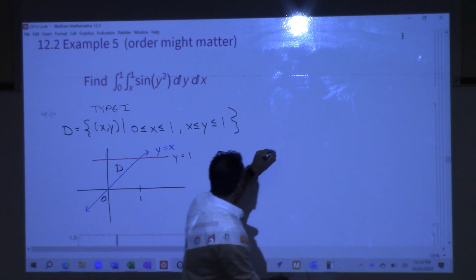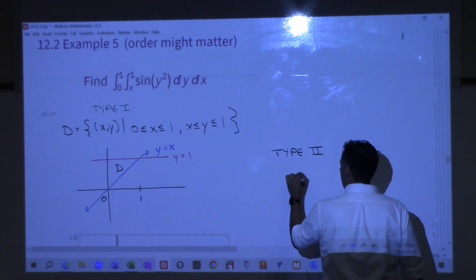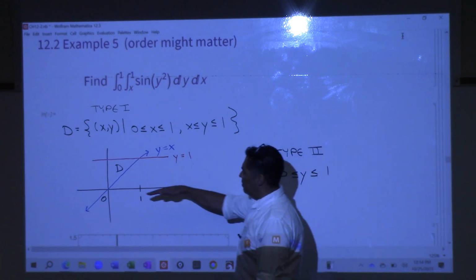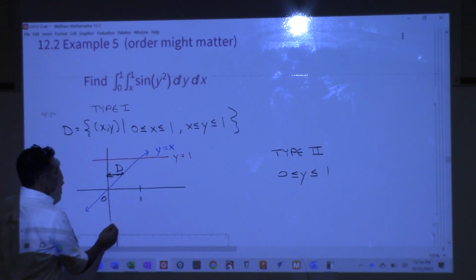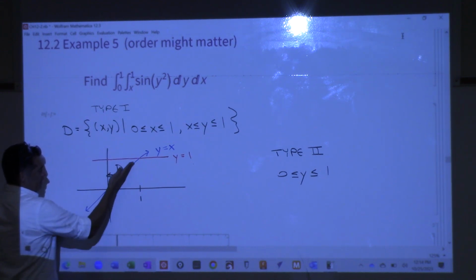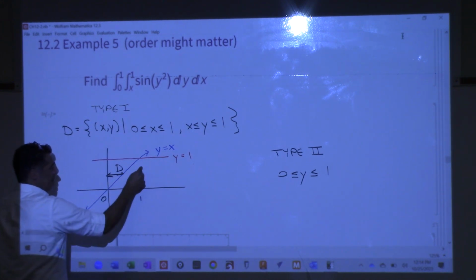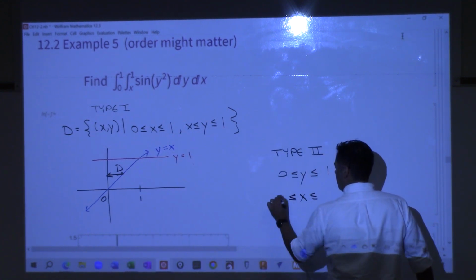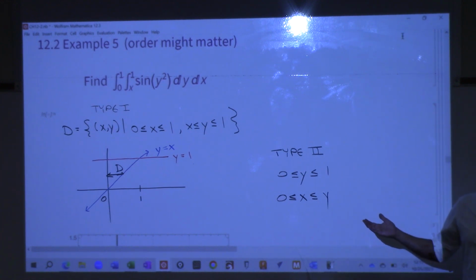If I look at it as a type 2, my y is between 0 and 1, and now my x's are between what two things? 0 and what's this function? You have to solve it for x, so x equals y. So your x is between 0 and y.